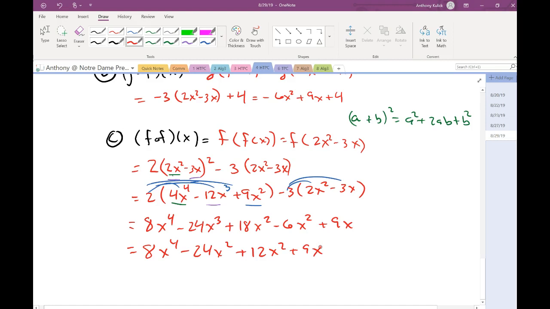Do I need to factor this? No. It's simplified the way it is. If you did factor it, is it wrong? No. It's just unnecessary work. And in a timed test setting, probably best not to spend your test time doing unnecessary work, right?